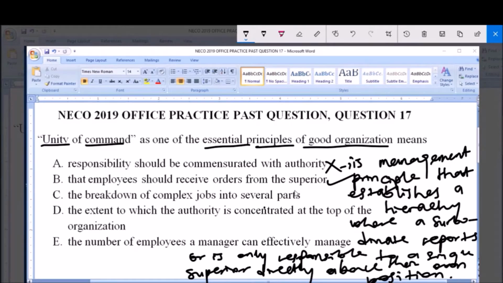Then C. The breakdown of complex job into several parts. No. D. The extent to which authority is concentrated at the top of the organization. No. And E. The number of employees a manager can effectively manage. No, which is wrong. So the answer to this question is option B, that employees should receive orders from the superior.